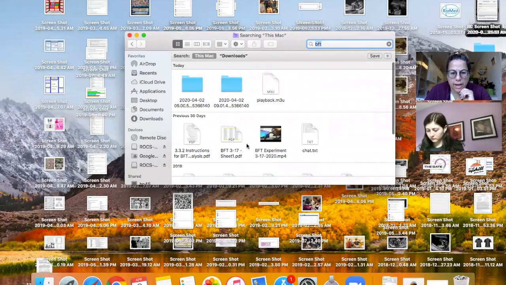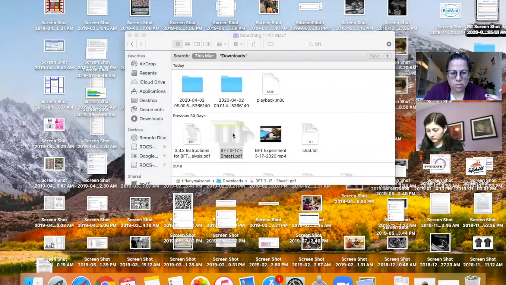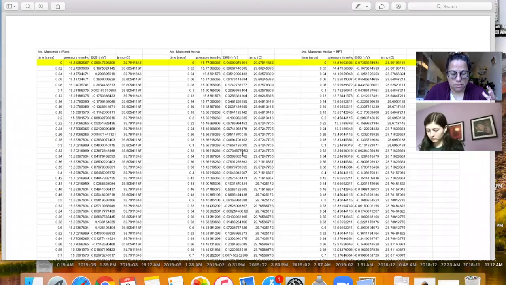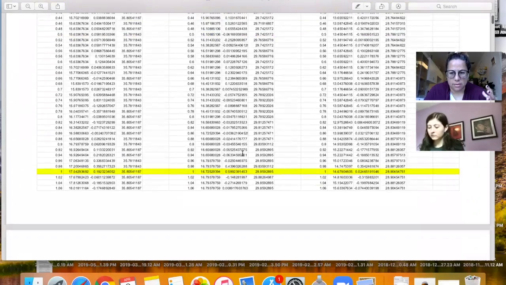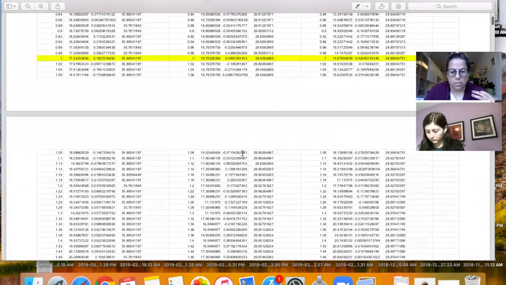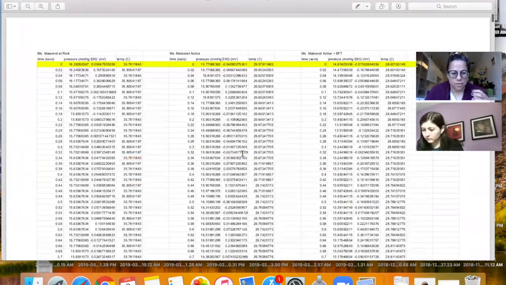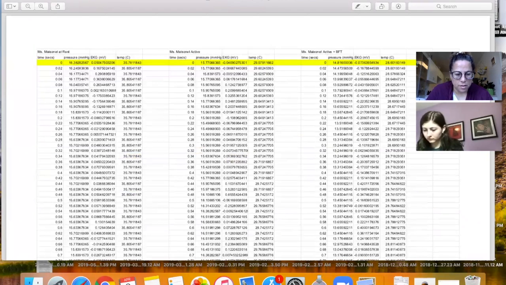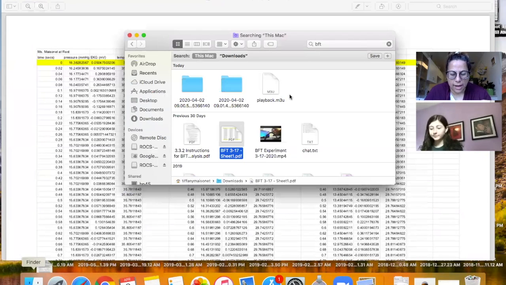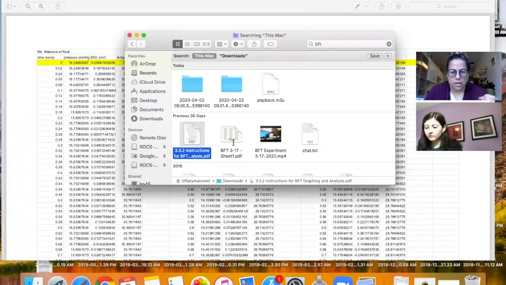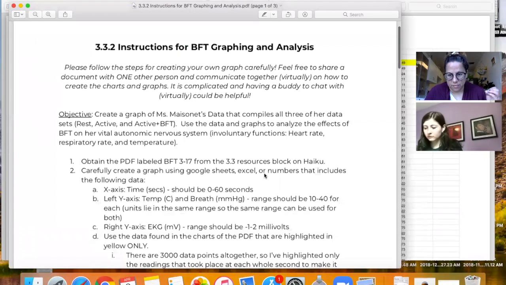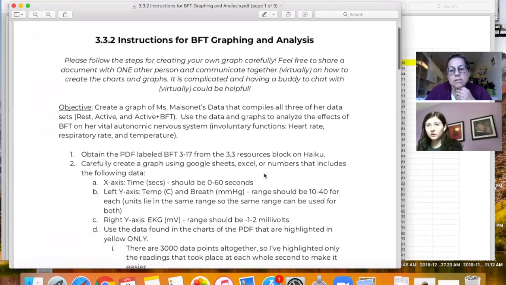You want to have the spreadsheet that I sent you, which looks like this. Do you remember this one with the yellow highlights? Okay, so you want to have that up somewhere, some tab. And you want to have the instructions up. That look like this.